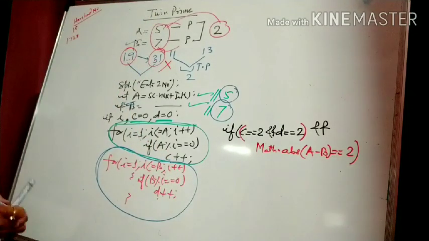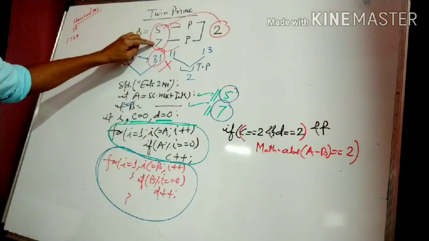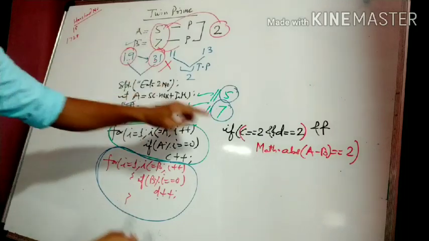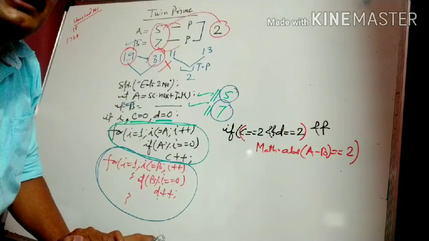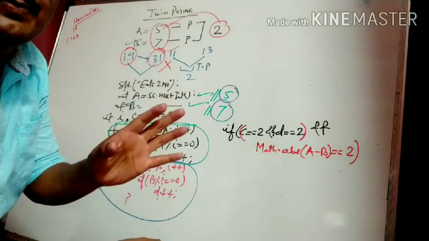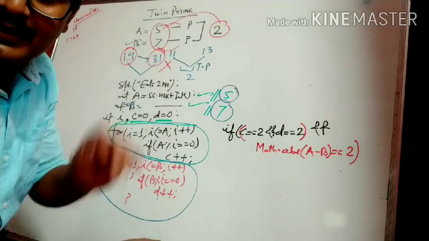Why did I use Math.abs here? Because when you write A minus B, your answer will be minus 2. So abs will convert minus 2 into positive. What is the abs method? It will display the magnitude part, it will remove the negative part.